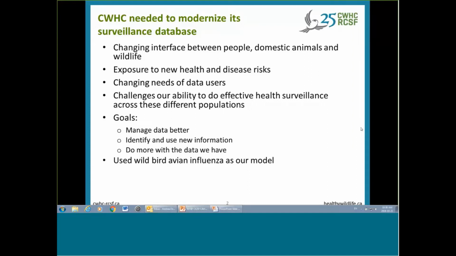One of our main reasons for choosing avian influenza is there's been quite a lot of surveillance, both in live and dead wild birds, and some domestic birds as well. There's been a lot of data collected about prevalence and distribution of those viruses, and some work on the different strains of the virus that are present.